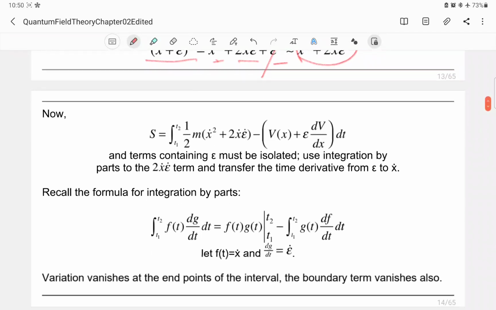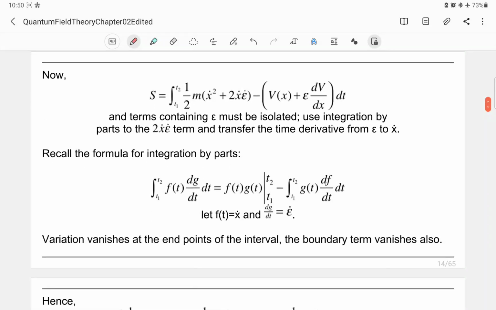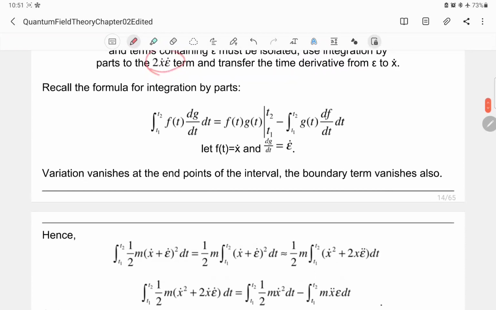So now we have our action to be written this way. And the terms containing epsilon must be isolated. We should isolate that, because later on we will have to set that to 0. We will use integration by parts on this term, so that we can rewrite our action to be this one here.